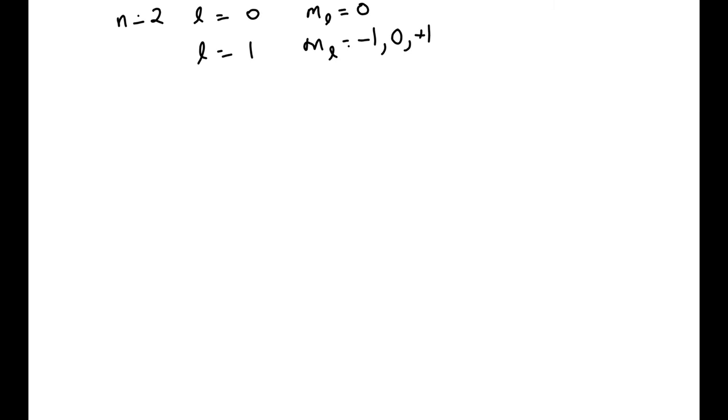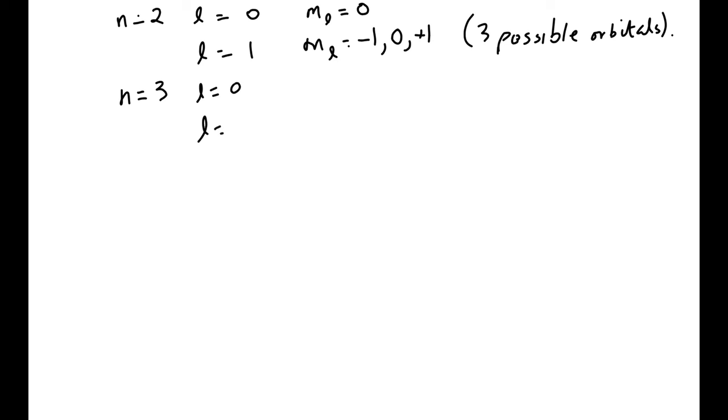So if L equals 1, there are 3 possible orbitals. If n equals 3, L is 0, 1, or 2.